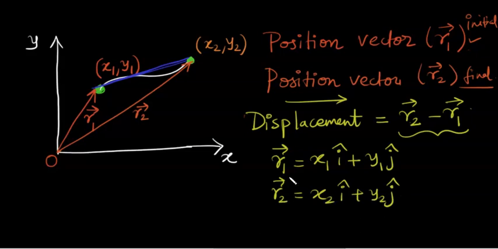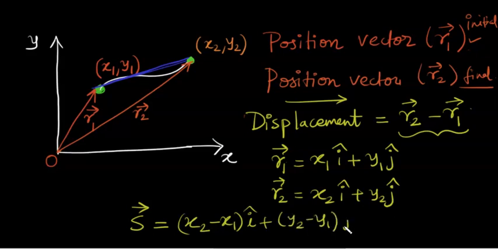Now if I do r2 bar minus r1 bar, then what will I get? The displacement vector, let's say it is s bar. So displacement vector s bar is (x2 minus x1) i cap plus (y2 minus y1) j cap. So this is the displacement, right?